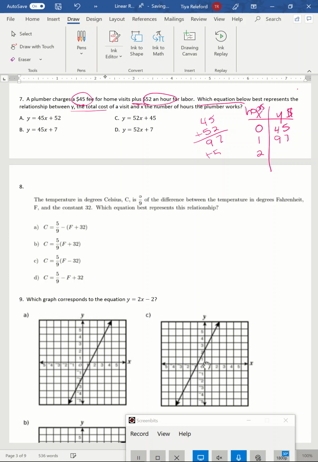Then another hour goes by, he's going to add on $52 more. Another hour goes by, he's going to add on $52 more. That should be a 2, not a 3. I was going to say, my goodness, he got expensive fast.